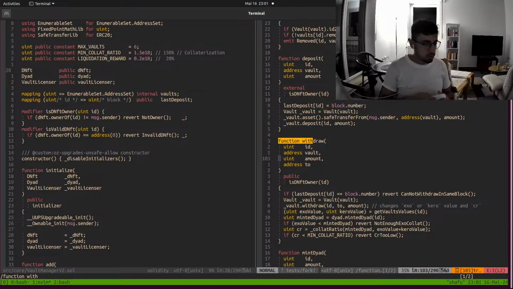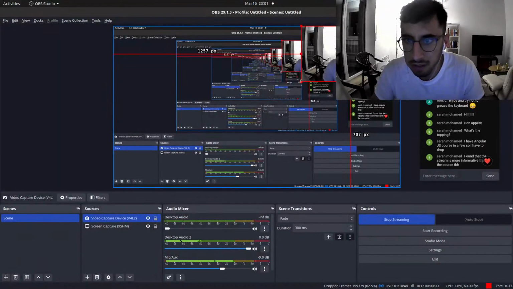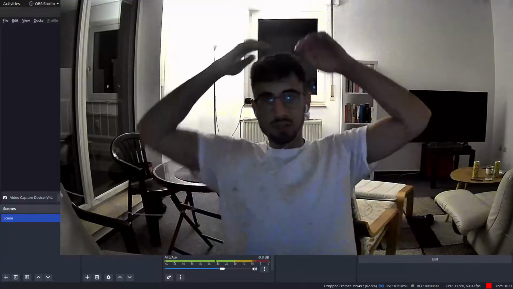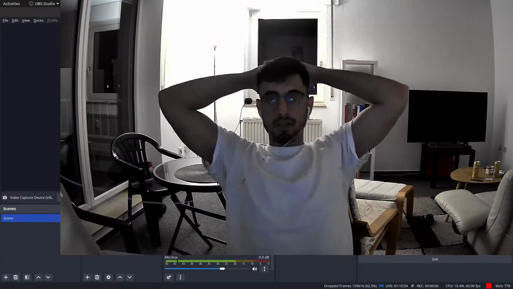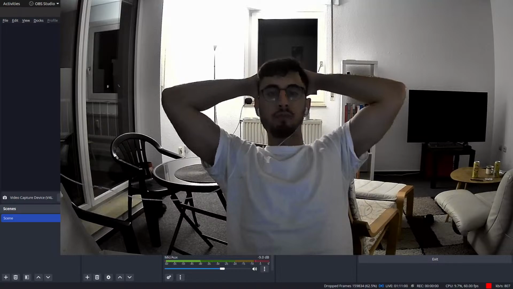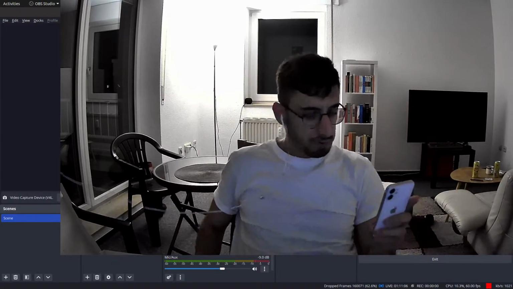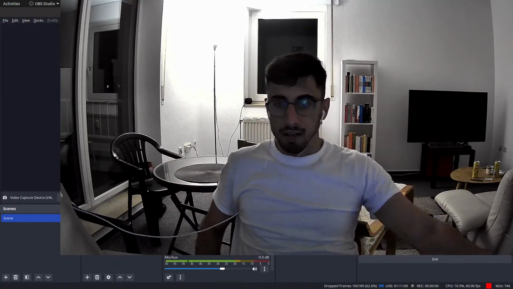Like, why should it be a problem to withdraw and deposit in the same block? The problem with a deposit and a withdrawal is very straightforward. It's flash loans, right? Doing a deposit and a withdrawal allows flash loans, and flash loans are really bad.